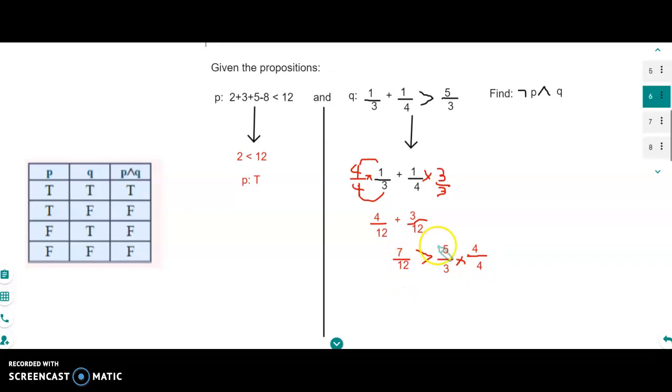And of course we multiply the numerators and the denominators here, okay, and here we have 7 over 12 is, here we have 20 over 12, okay.